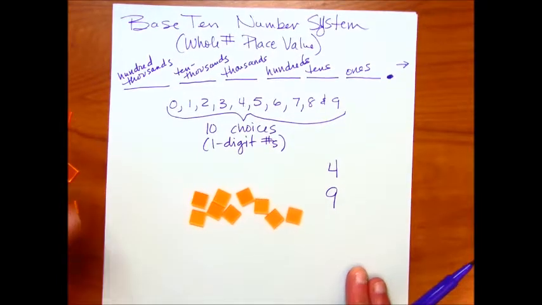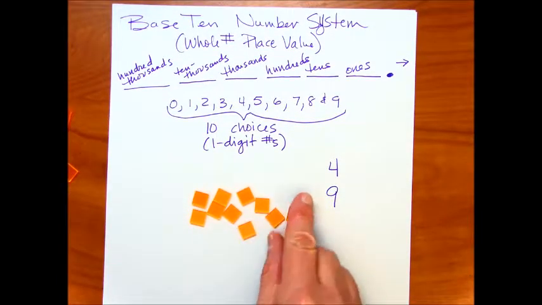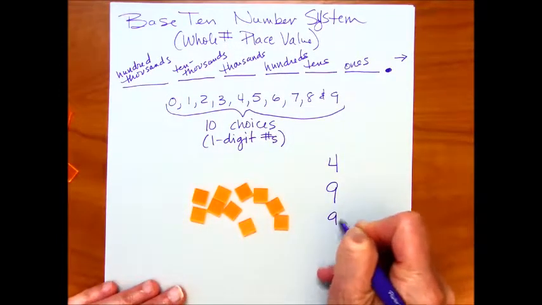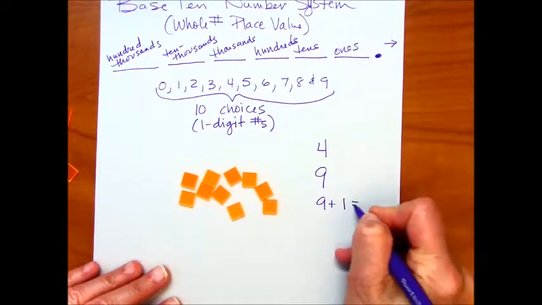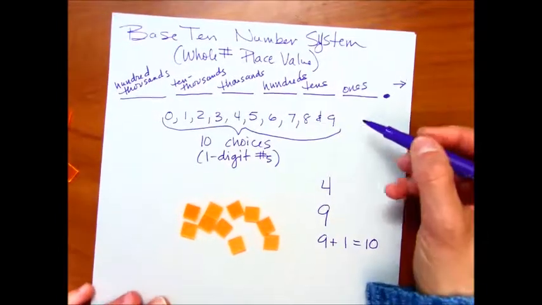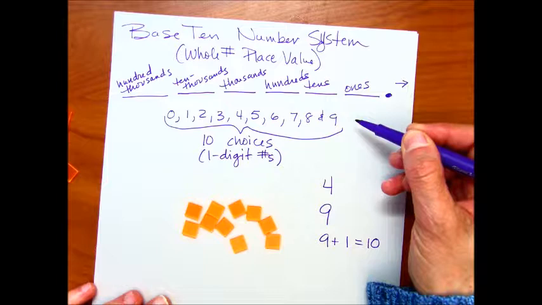Now, what if we were to add another 1? Instead of 9, we have 9 plus 1. Now, 9 plus 1 is going to give us 10. We know that. But 10, notice, is not one of the choices that we can use per place value.